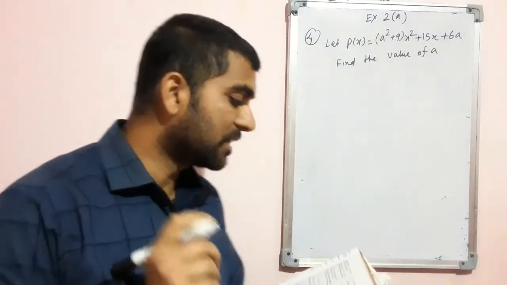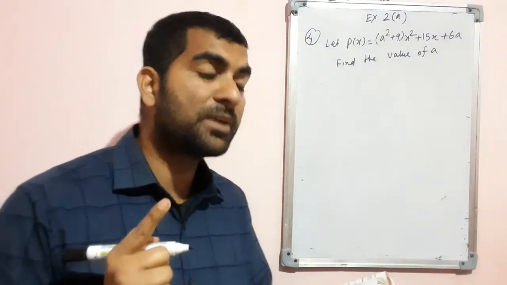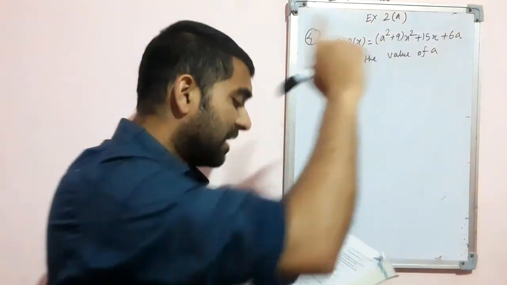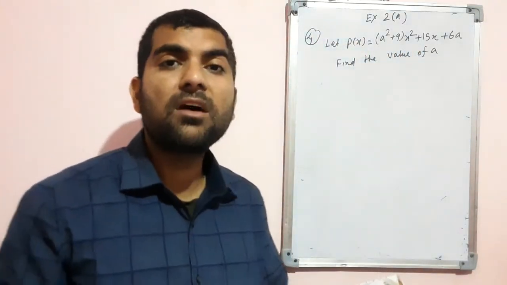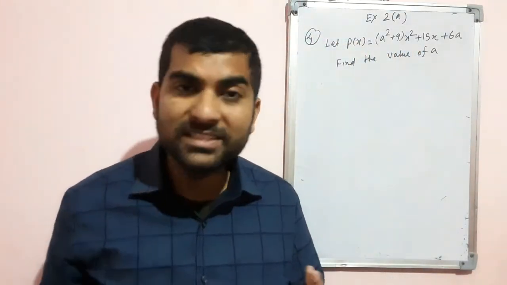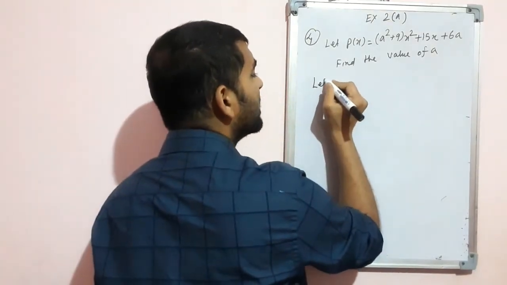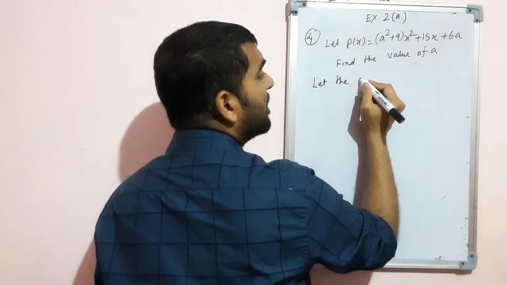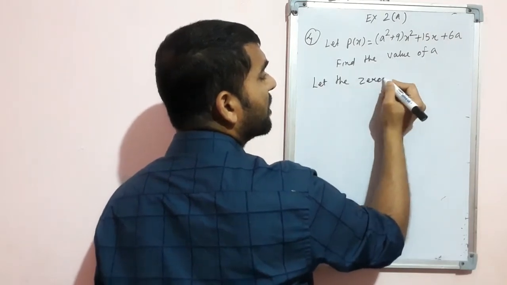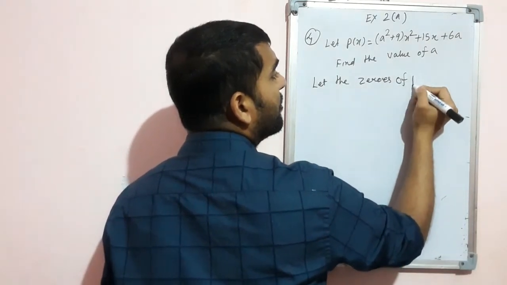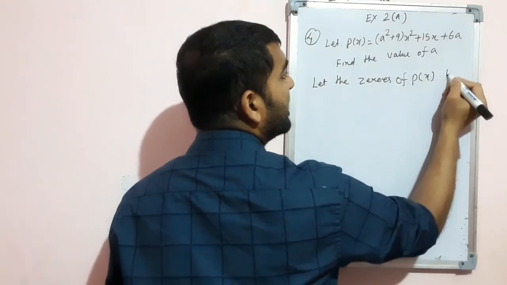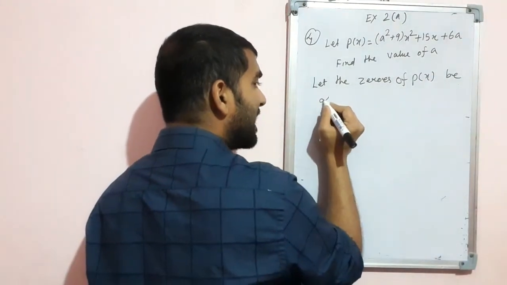So read the question. They are saying one zero of the polynomial p(x) is the reciprocal of the other. So we have to assume, we don't know the zeros, right? So we will write: let the zeros of p(x) be, first we will take alpha.